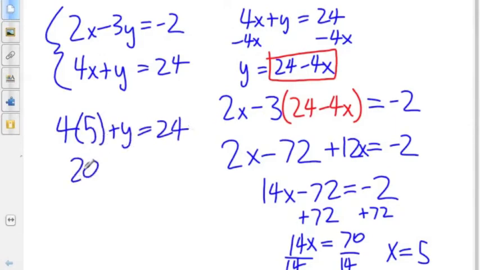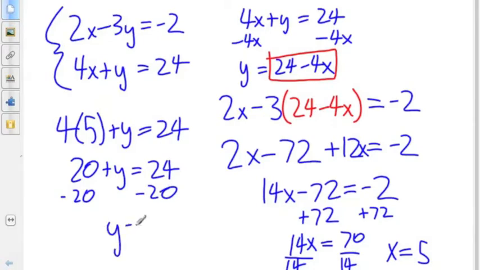So 20 plus y equals 24. And then minus 20, minus 20, and y equals 4. So then the solution to this is a point where they intersect. So I know x is 5, y is 4. So the solution to this is the point (5, 4), because 5 is x and 4 was y.